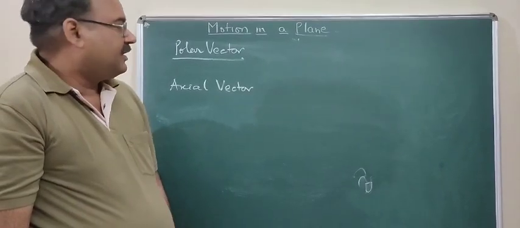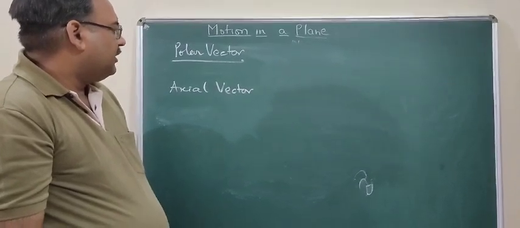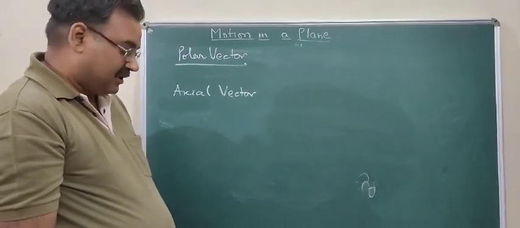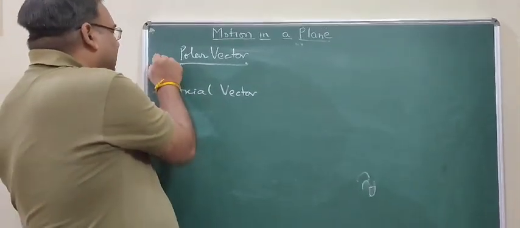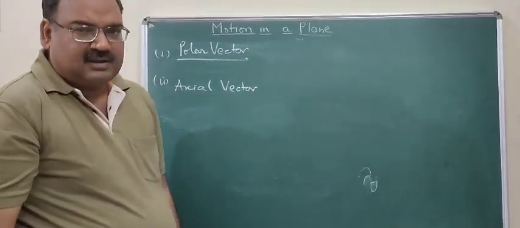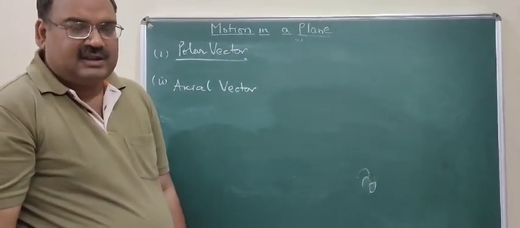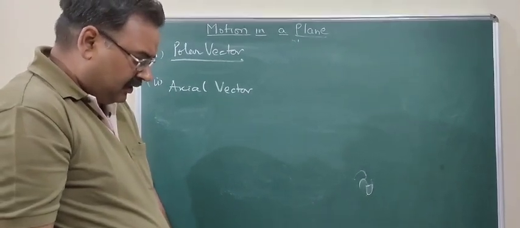Next we have the classification of vectors. Vectors can be classified into polar vectors and axial vectors. Polar vectors are those vector quantities that have got an initial point, that is the starting point.